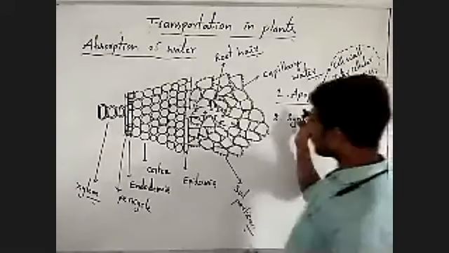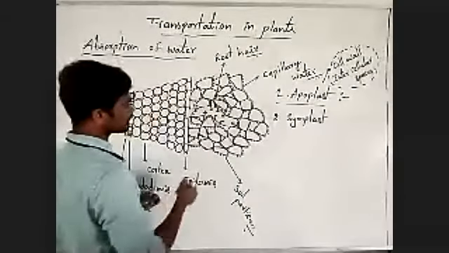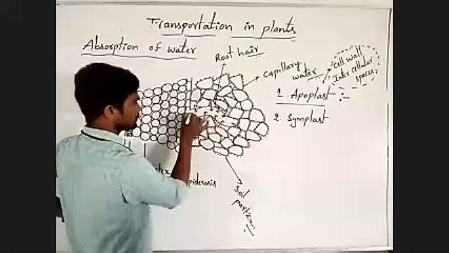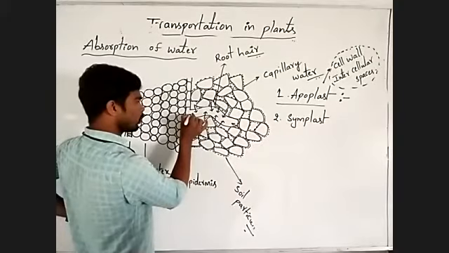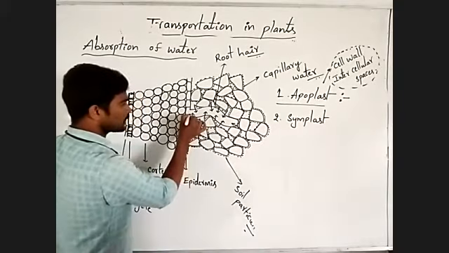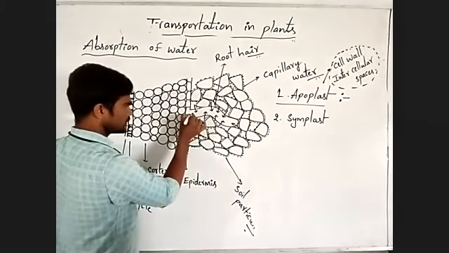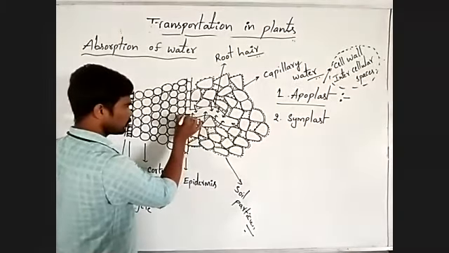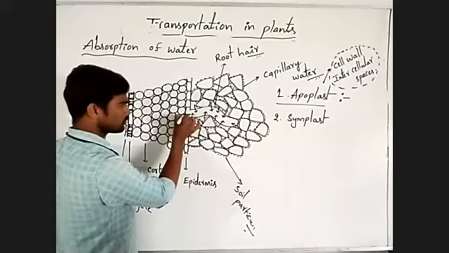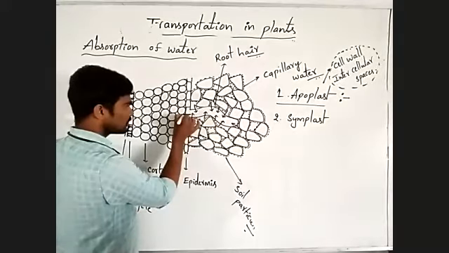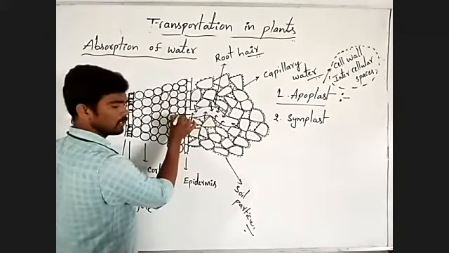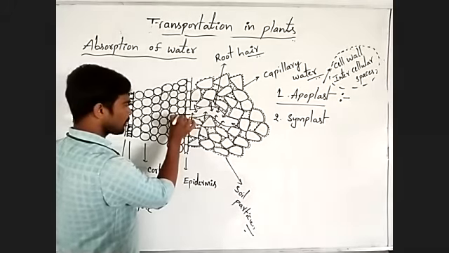In apoplastic pathway, from the root hair, listen carefully here, water is transported through the intercellular spaces and cell walls of the cell. First it enters into the cell walls and intercellular spaces.